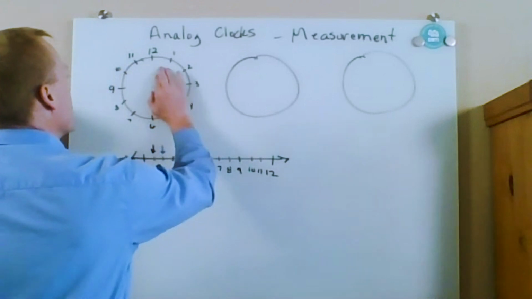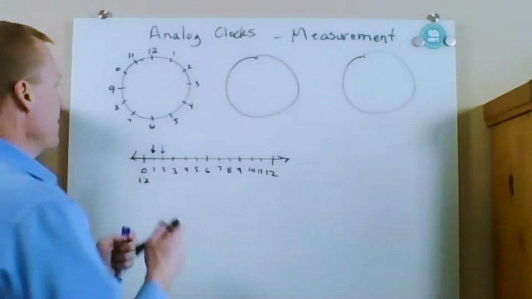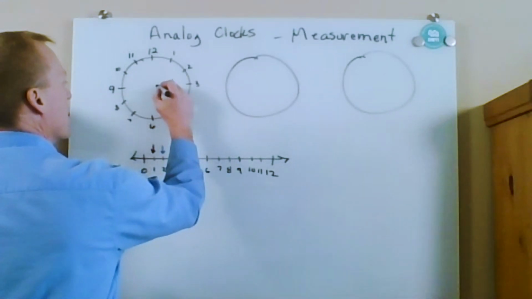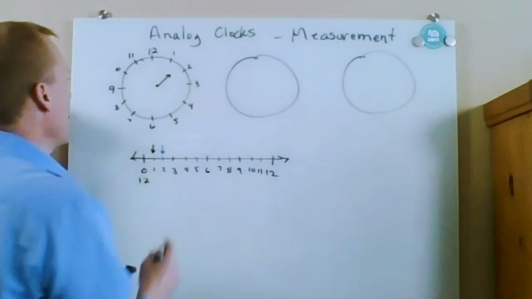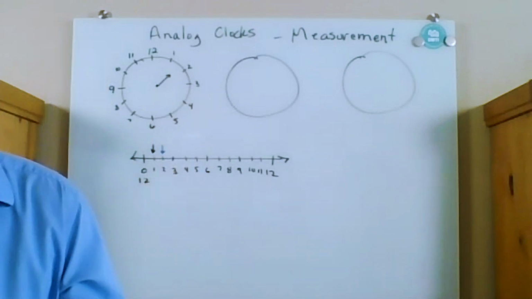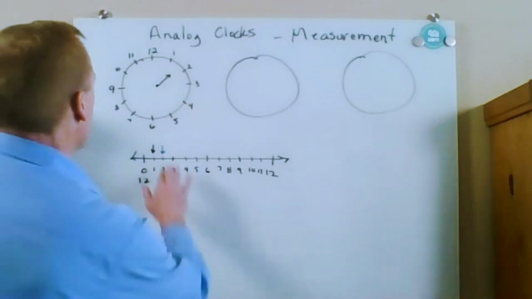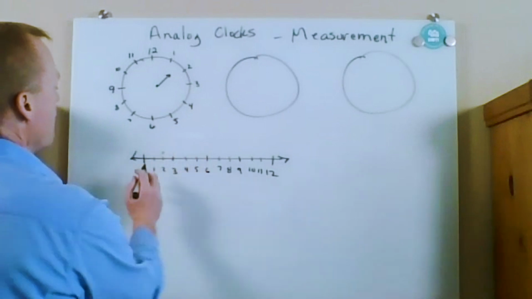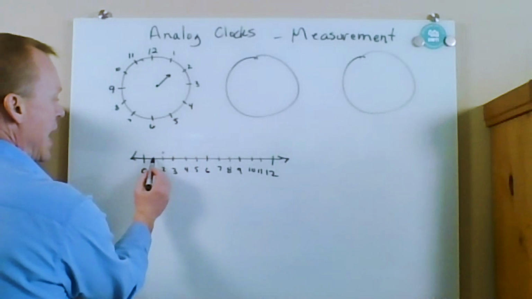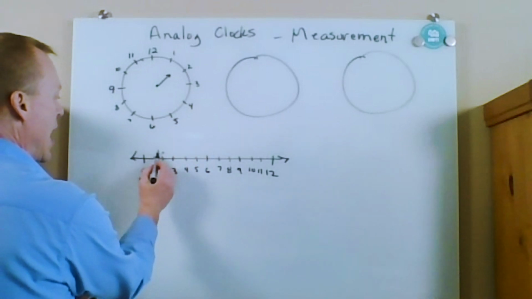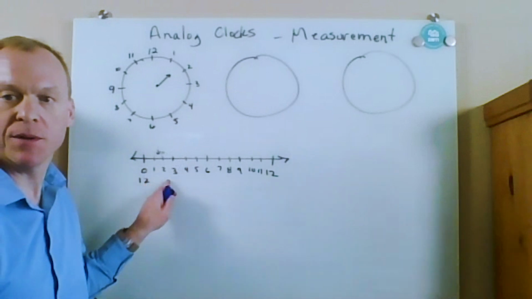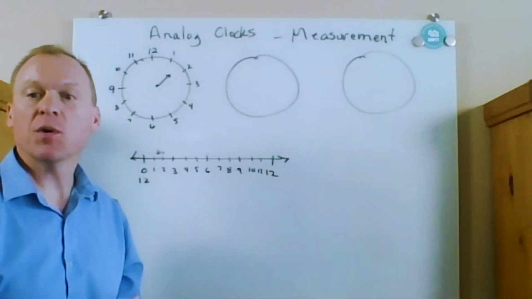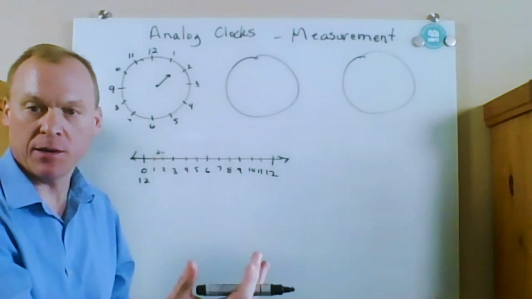So with young kids, if I was to draw the hour hand right here, then what's happened is, now I've moved from the 1 halfway to the 2. So now I'm halfway between 1 and 2. What time it is, I'm half past 1.